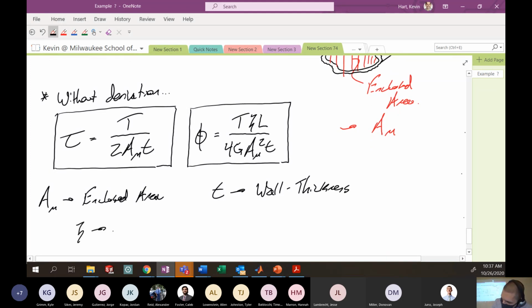Zeta again is your median line length. Same sort of definition we had for the open cross section. And everything else you kind of know on here. So no real need to sort of define everything else again. 4, 1 more than 3, 1 less than 5. There, I defined it for you. In case you were curious.